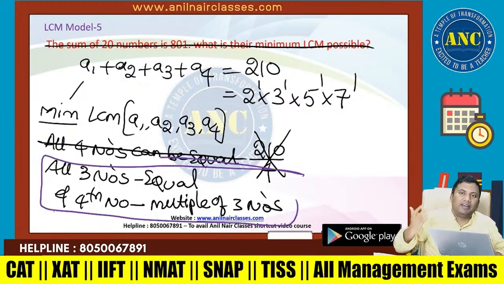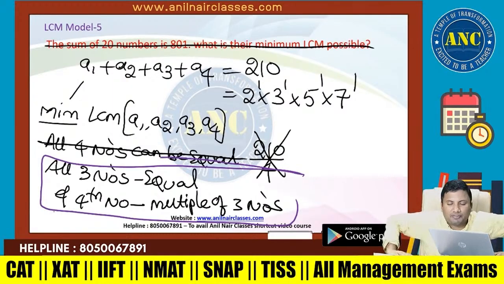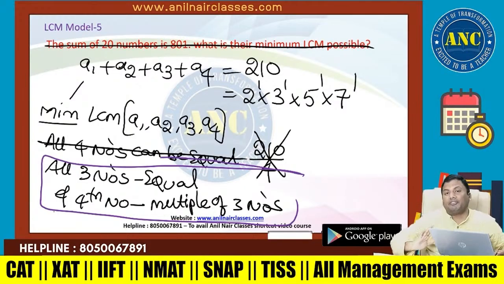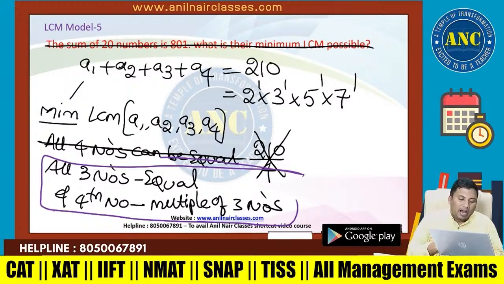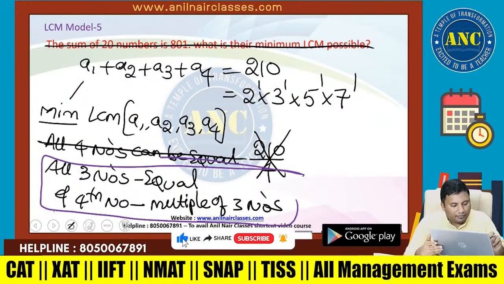That's exactly when it is A5. Most of you said 42, which is right if one more natural number is given. If four numbers are not equal, three numbers should be equal, and the fourth number should be a multiple of all the three numbers. So we will use this logic.